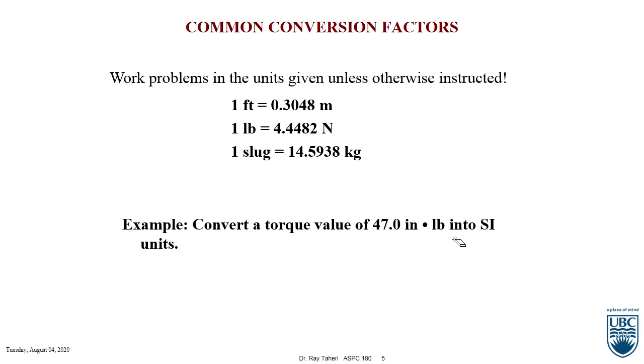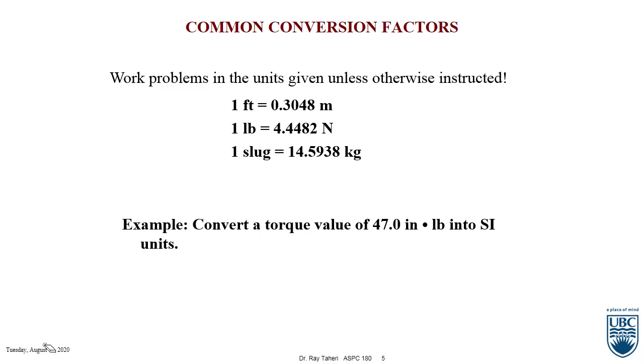What is the relation between inch and meter? 1 inch is 25.4 millimeter or 2.54 centimeter. 1 meter is 100 centimeter. So 1 inch is 2.54 divided by 100 meters.